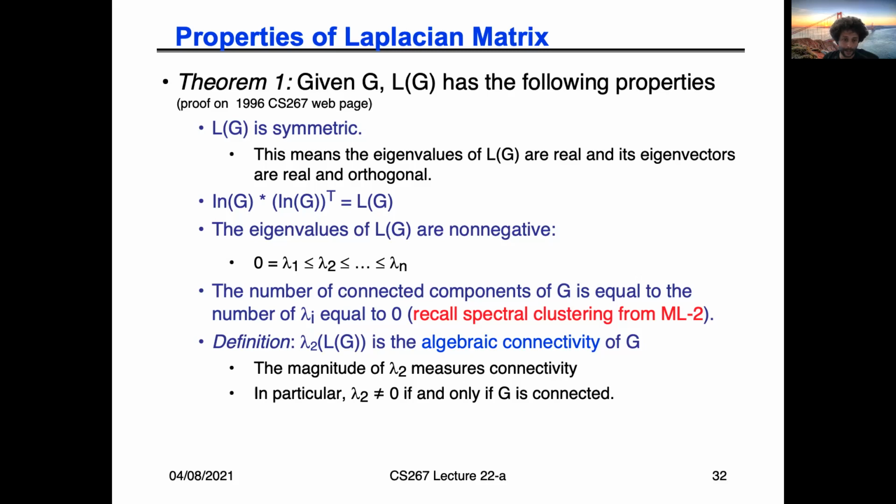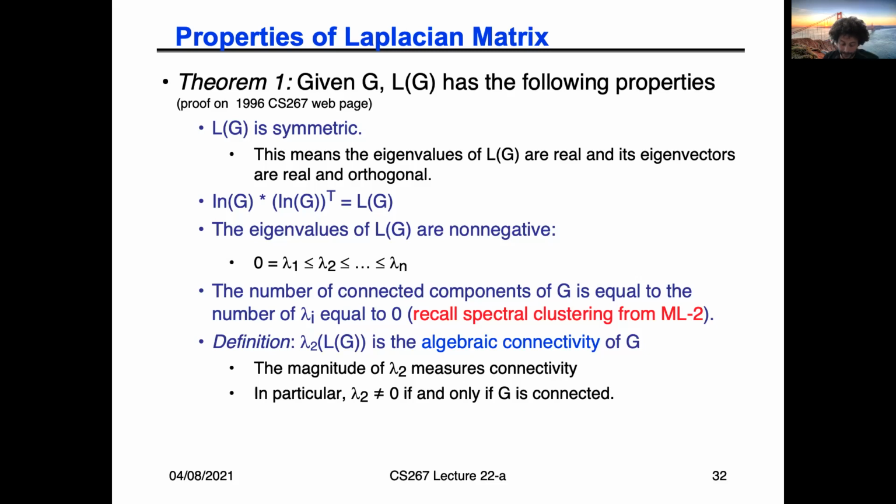If you look at the Laplacian, you can prove a lot of nice things. One of them is that all eigenvalues are non-negative, and the multiplicity of the smallest eigenvalue is really the number of connected components.